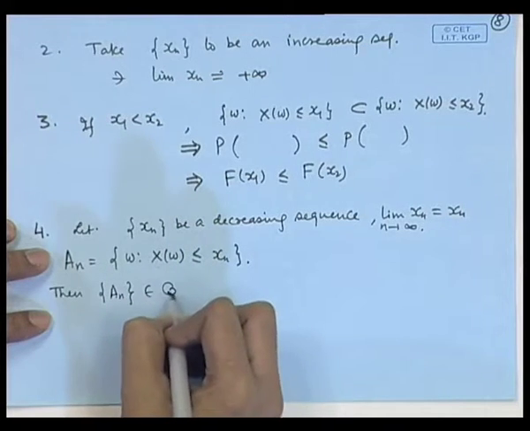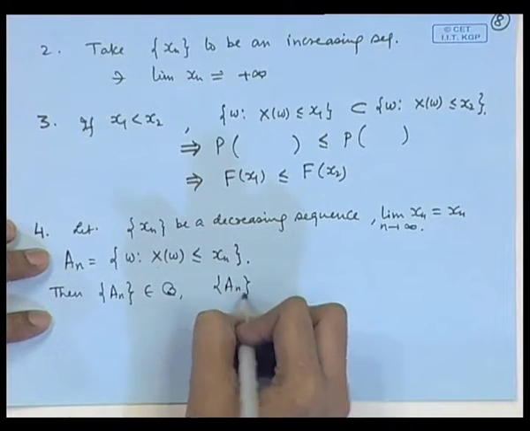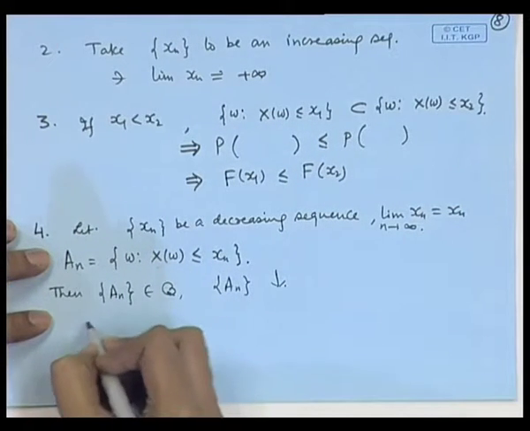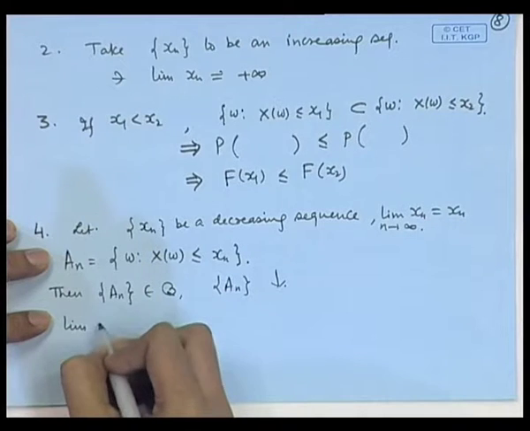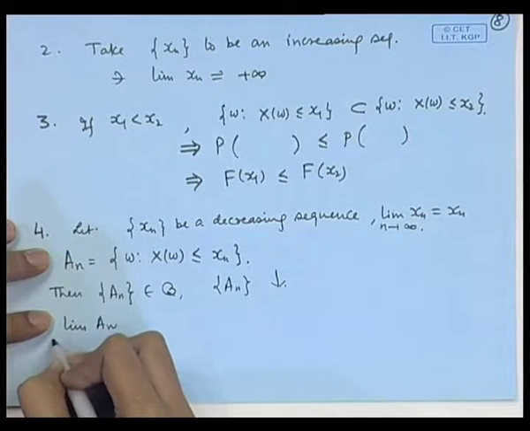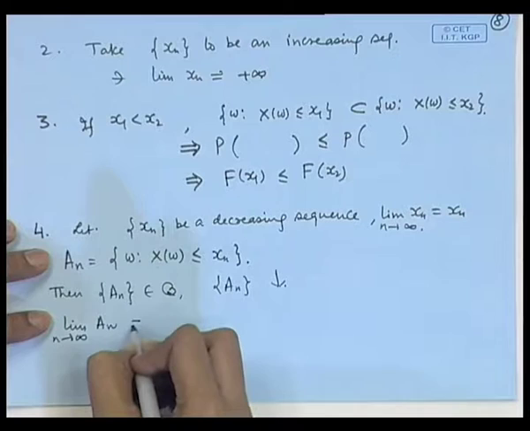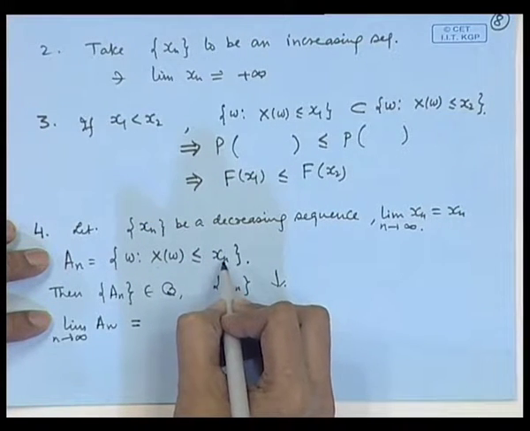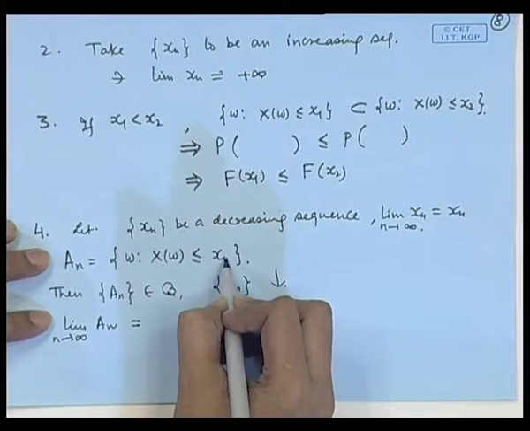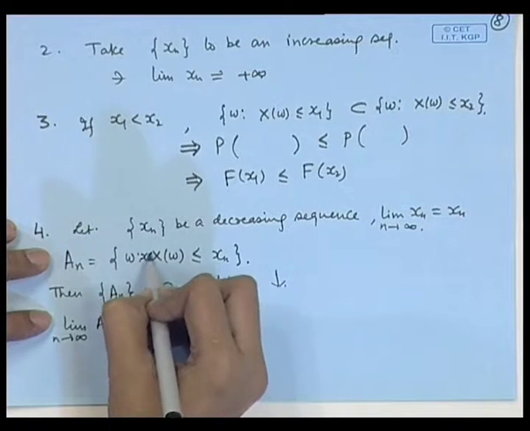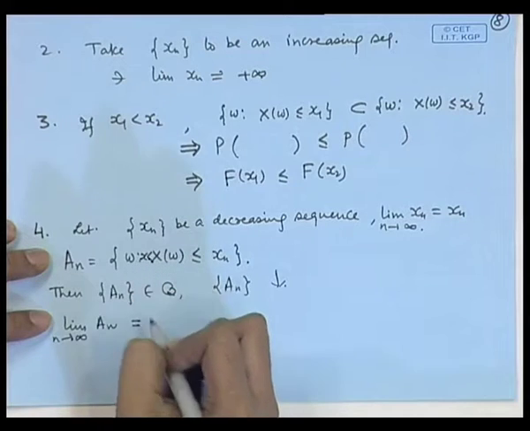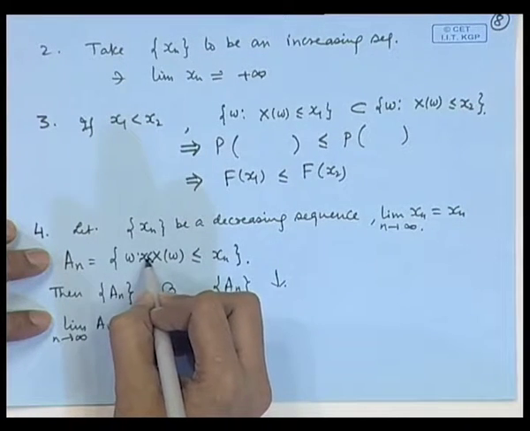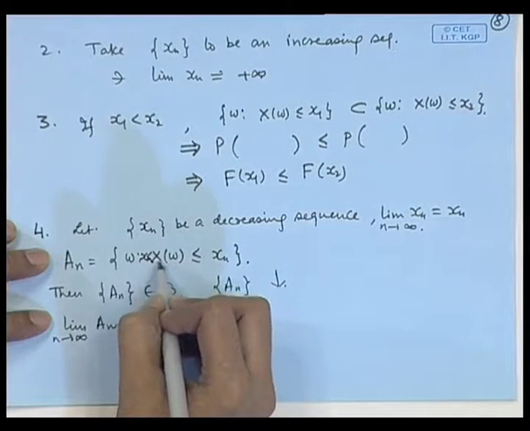The A_n's are decreasing, and if I consider limit of A_n as n tends to infinity, then it is equal to, now you look at the definition here, I am considering this, however, here I should put x less than this. So, if I put this one, then x is strictly less than X(omega).